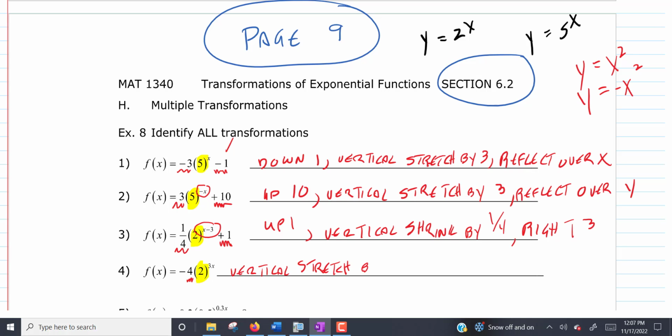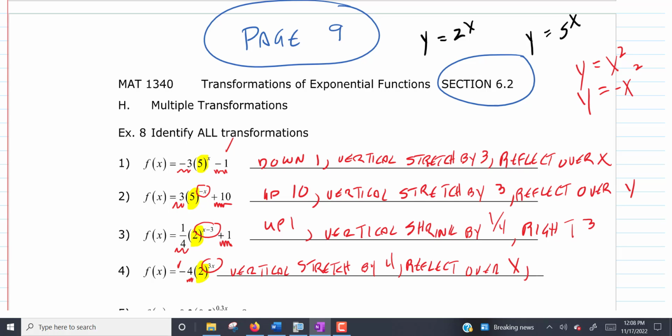by 4. Okay, the negative is, now that's making y change, so that's reflecting over x. Okay, now this 3 is weird, okay? See, that's inside the exponent. So remember, anytime you're inside the function, everything's backwards. So actually, you might think that that is a stretch, but it isn't.